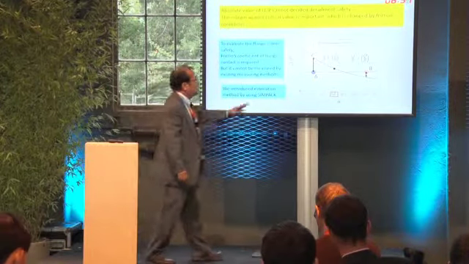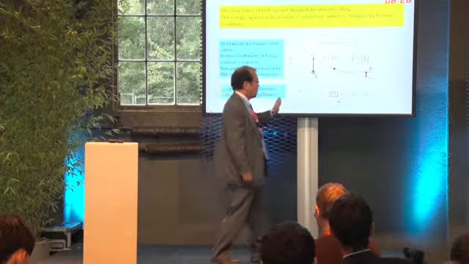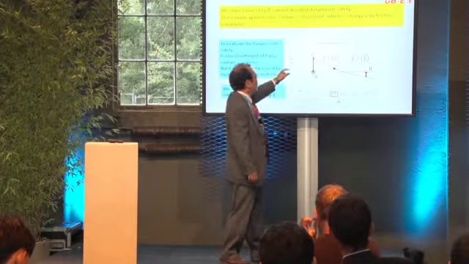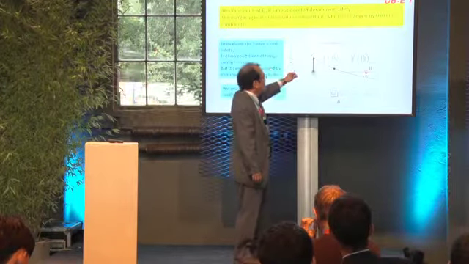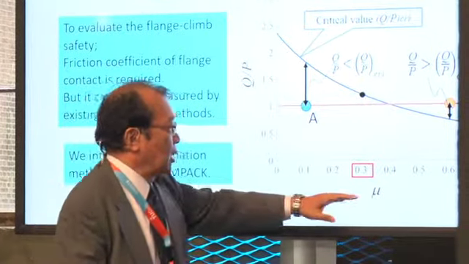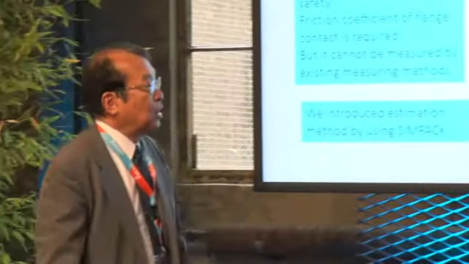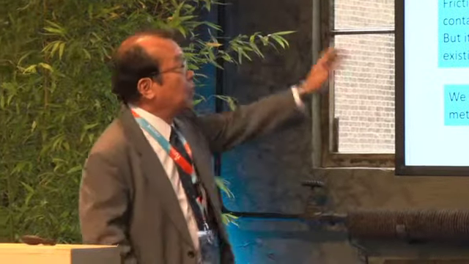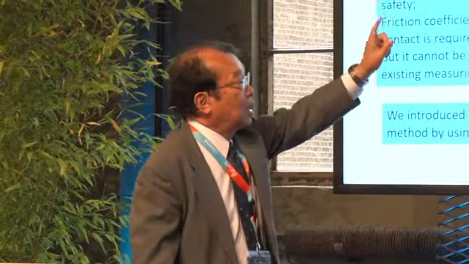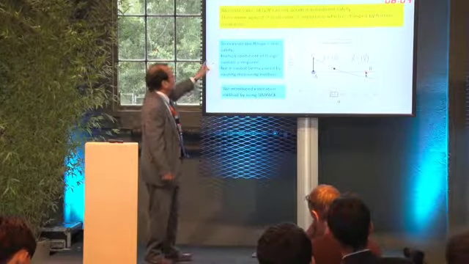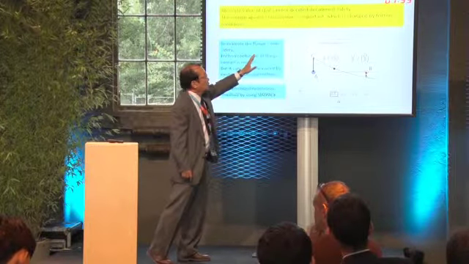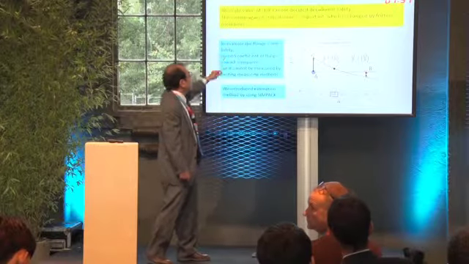This figure shows the relationship between the friction coefficient of the flange and the critical value of Q by P. Q by P changes according to flange friction, so the absolute value of Q by P cannot decide derailment safety. The margin against the critical value is important, which is changed by the friction conditions.